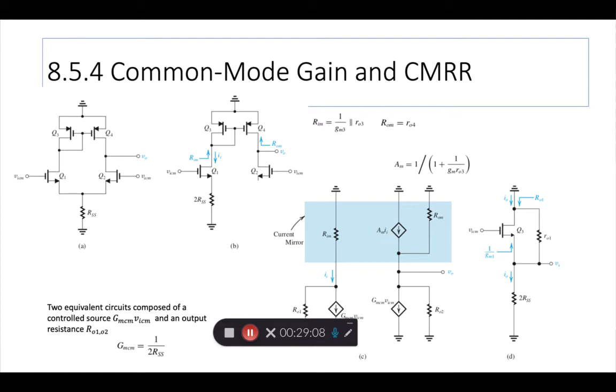But in reality, the common mode gain is not quite 0. It doesn't entirely reject common mode signals. There is some gain.